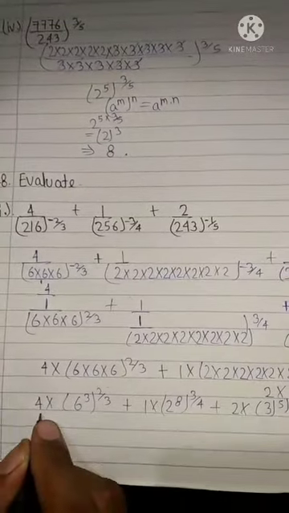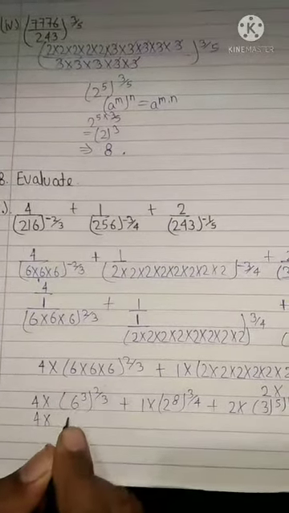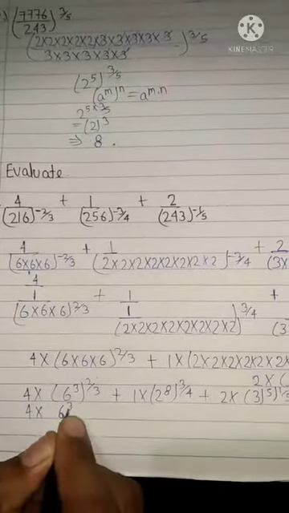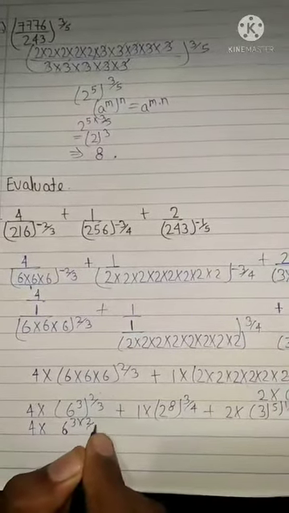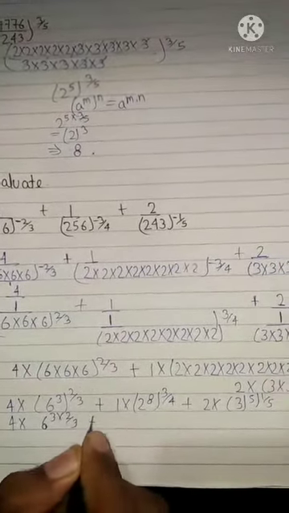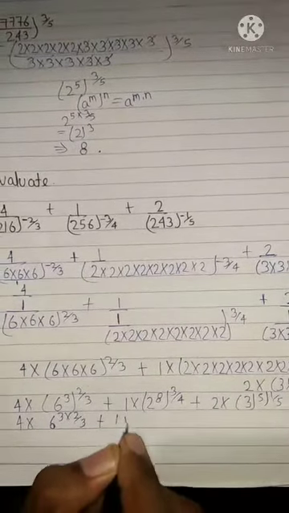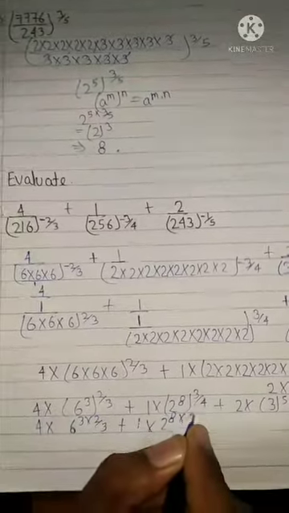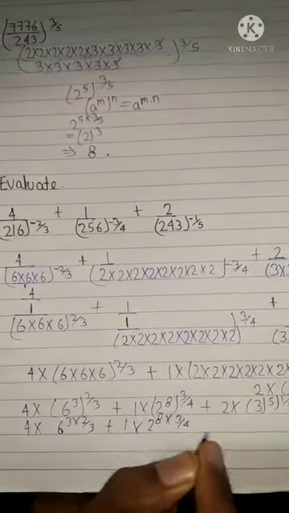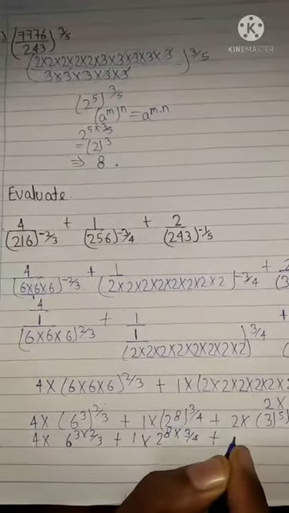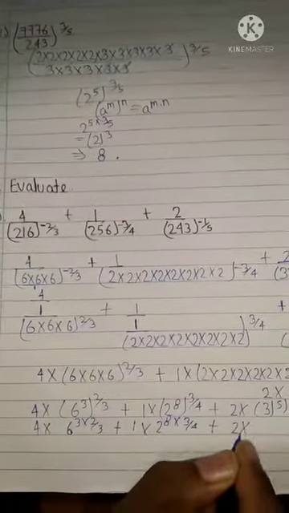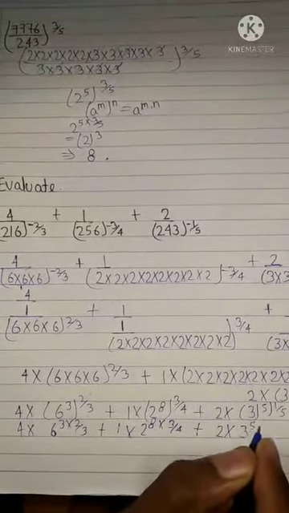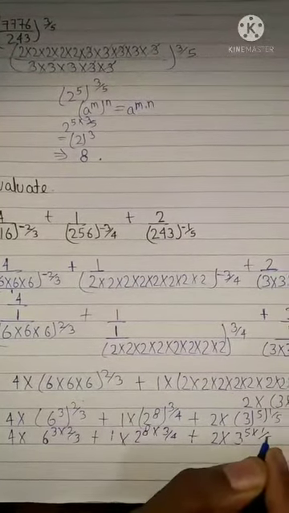So I solve directly. It becomes 6 to the power 3 whole to the power 2 by 3, becomes 6 to the power 3 into 2 by 3, plus 1 into 2 to the power 8 into 3 by 4, plus 2 into 3 to the power 5 into 1 by 5.